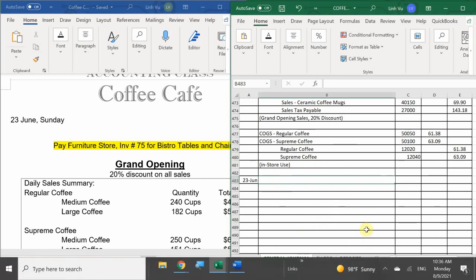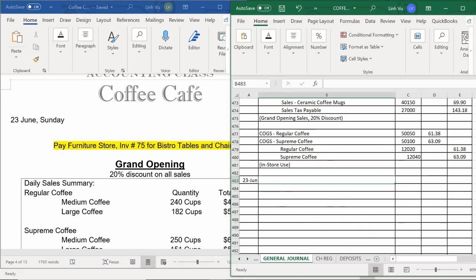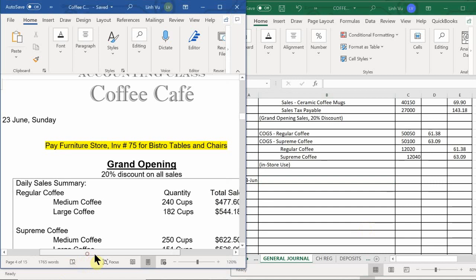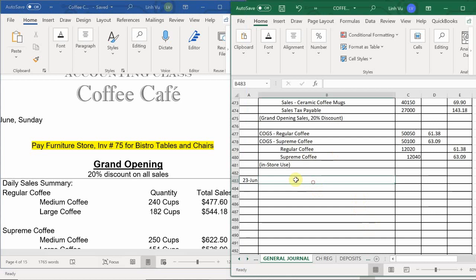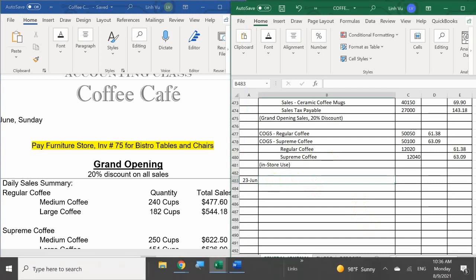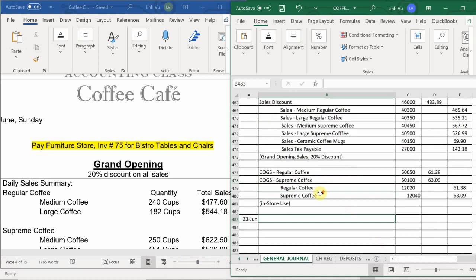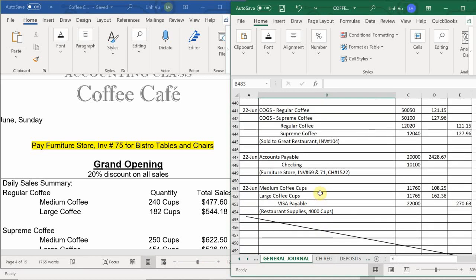Okay. So how am I going to pay with it? Accounts payable. Accounts payable, and how am I going to pay? Checking. Yes. So here we are, accounts payable and checking. So I'm just going to go right above here and copy the same information from here.